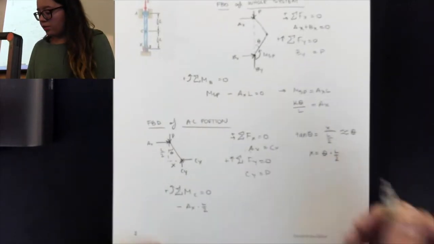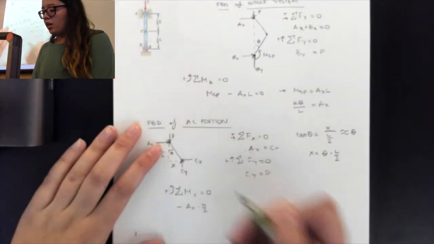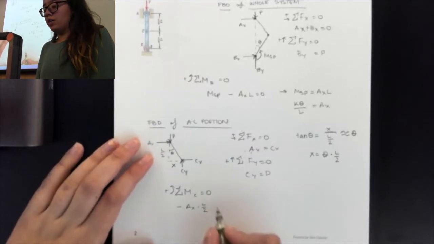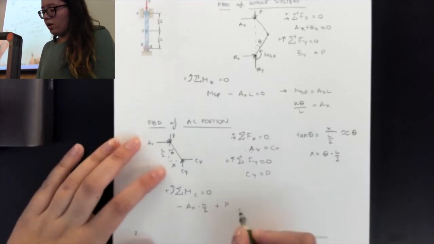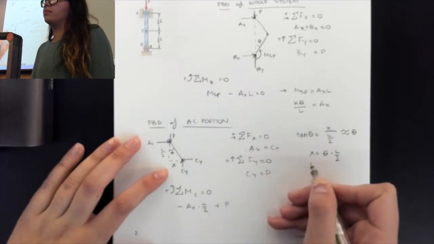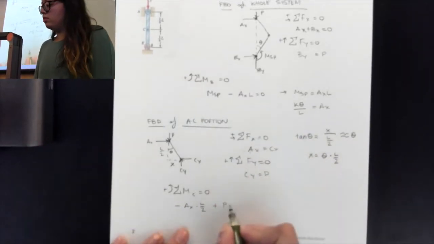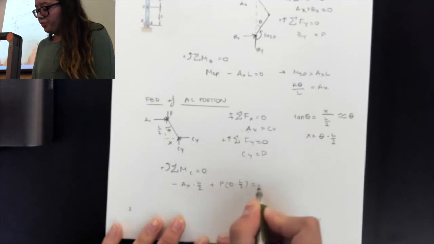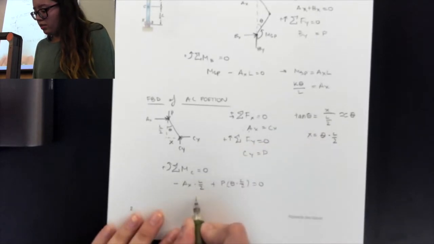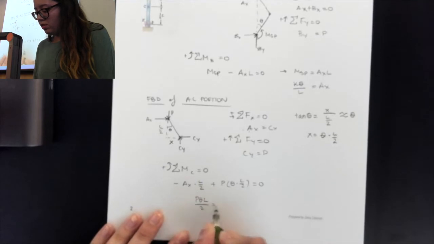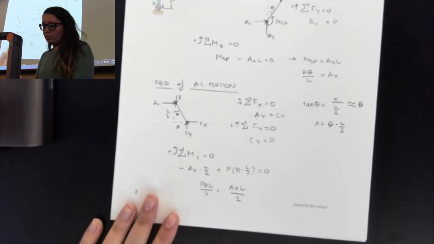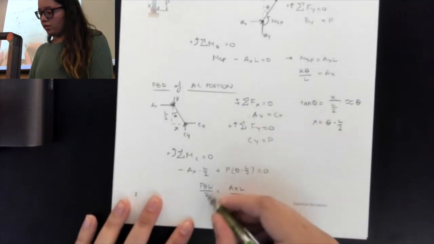So now we know what X is. It's just theta times L over 2. So now let's figure out our moment for P. Positive or negative? Positive. Okay. What did we say the moment arm was? X. So it's going to be times theta times L over 2. All right? So we get... Okay, when we simplify that out, our L over 2's can cancel, right?